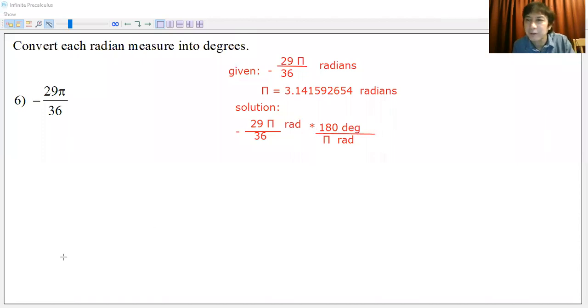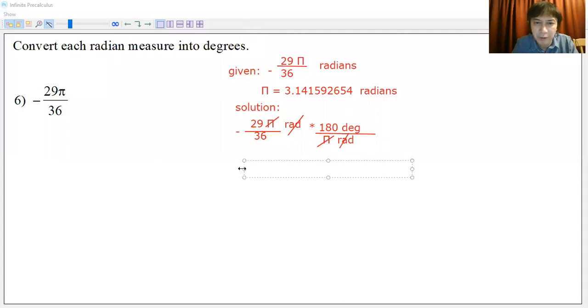From numbers 1 to 5, we used pi radians per 180 degrees. In converting radians to degrees, we will have to invert that. We will have to use 180 degrees per pi radians. The radians unit cancels out, also the pi and the pi cancel out. We now have just the numbers and the negative sign.